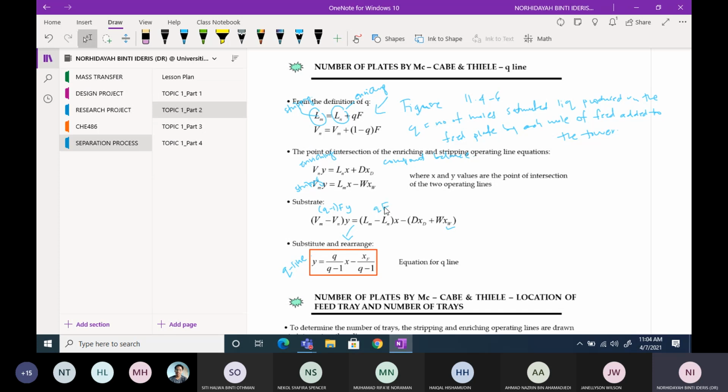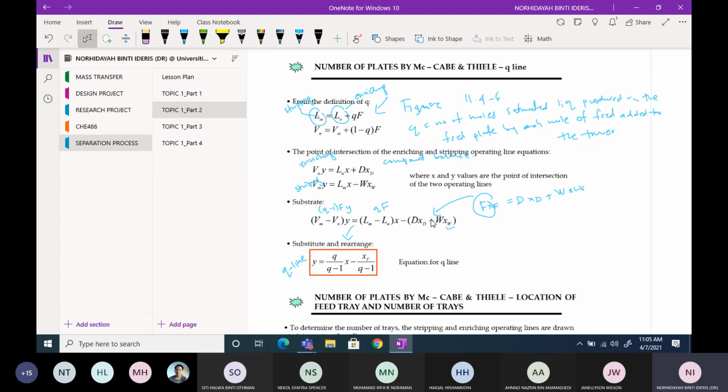And then you recall the first one that we have discussed before, that FSF is equal to DSD plus WSW. So this one you put it inside here.